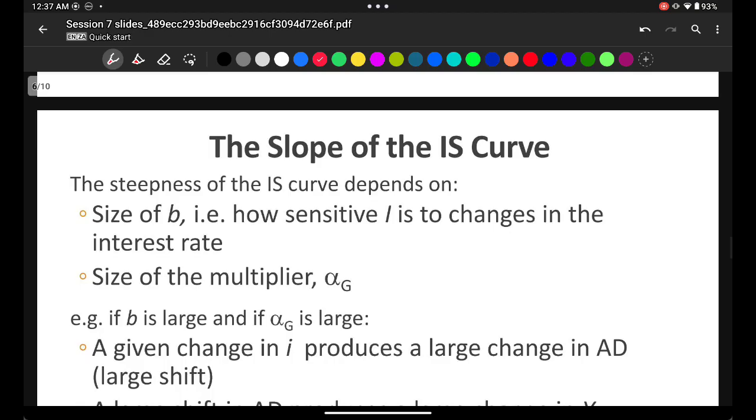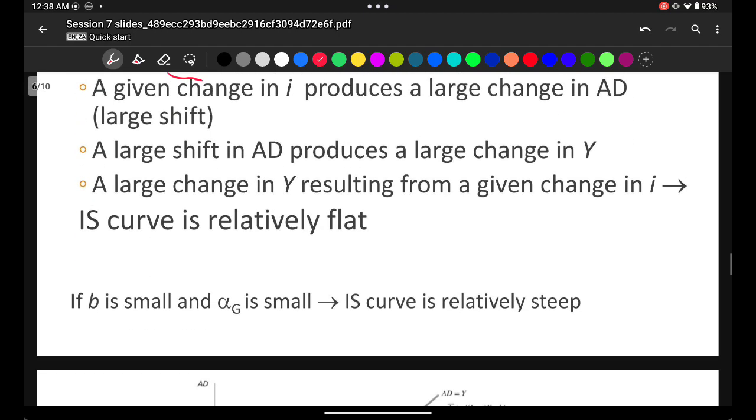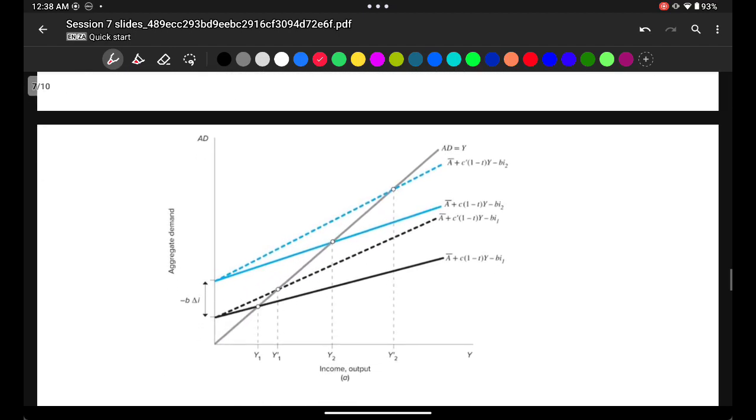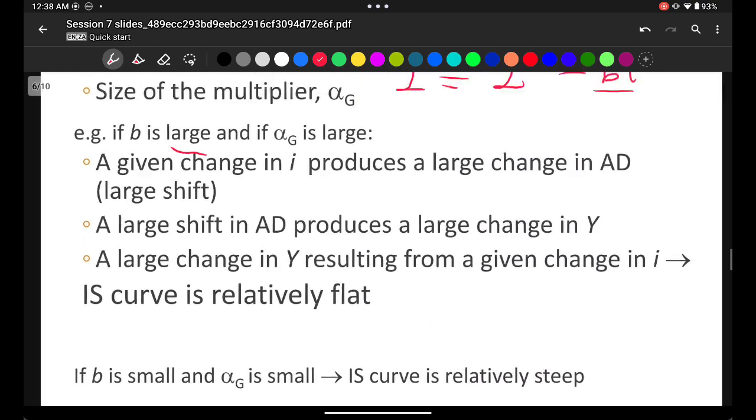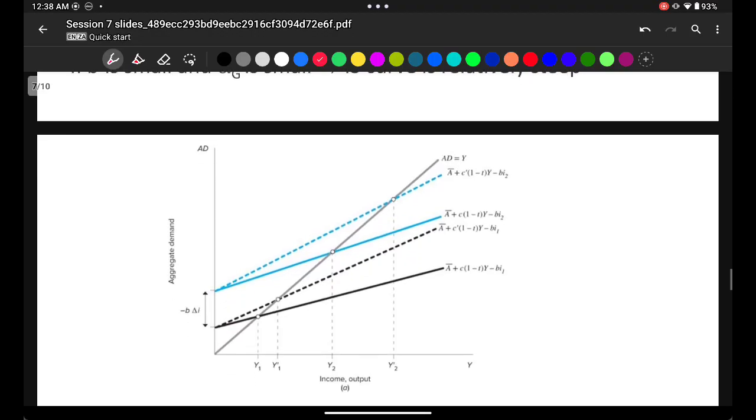So you know how our investment function is equal to autonomous investment plus, sorry, I'm only making this mistake, minus bi. So if my B is large, if my interest rate decreases, my aggregate demand curve is going to be very steep, right?